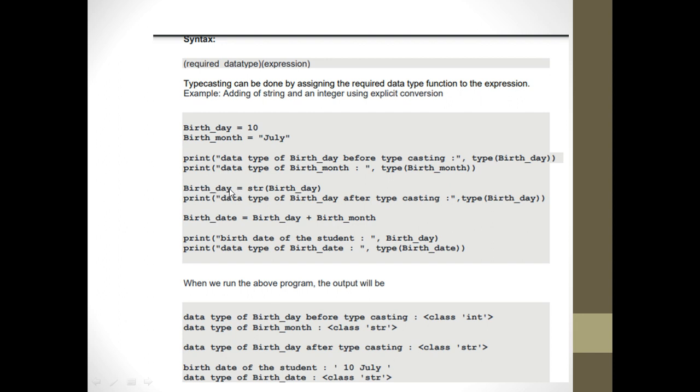So this birthday is a string variable. Now after I typecast, birthday is of type str, and now I can print both together. I can say print birthday plus birth month. It's allowed because I converted it to a string.